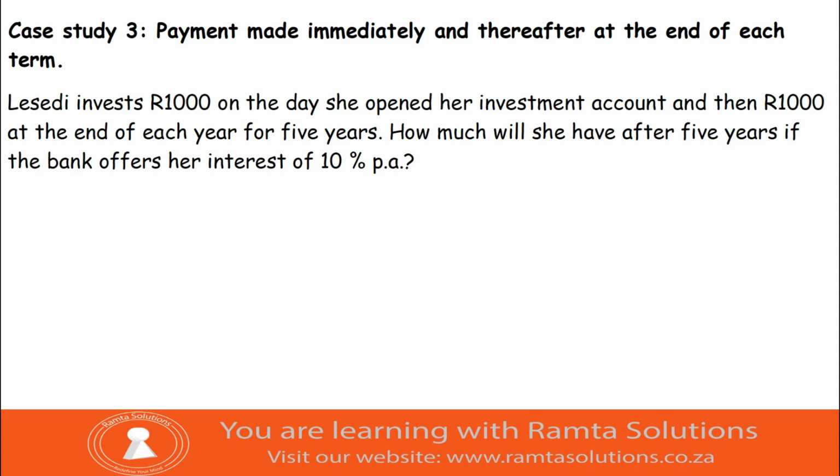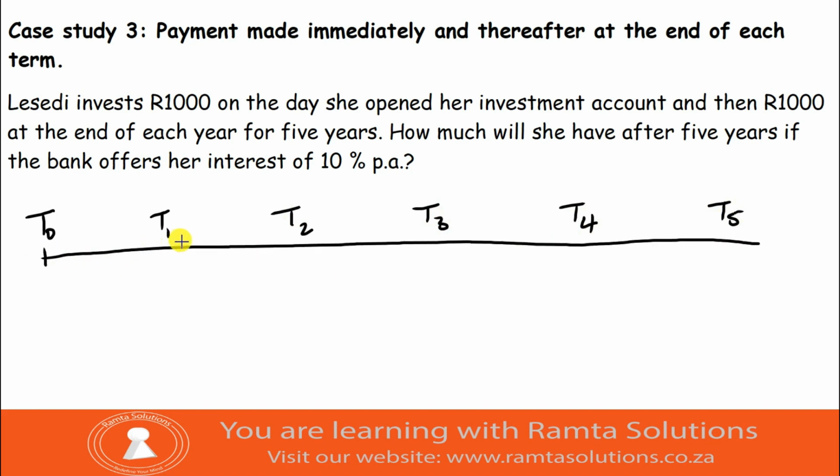So remember, the case study is saying payment is made immediately and thereafter at the end of each term. So we have 5 years here. We have T0, T1, T2, T3, T4, T5.